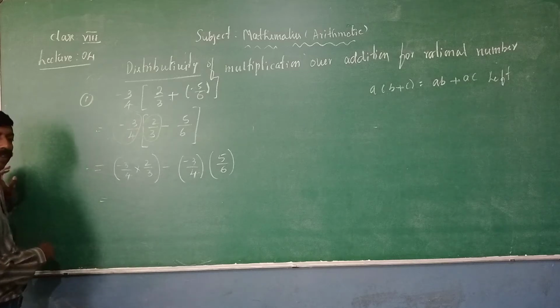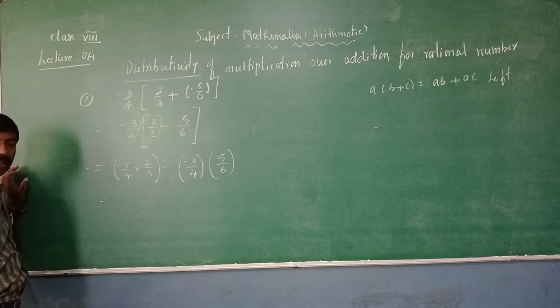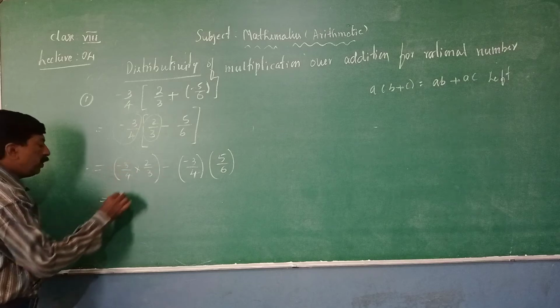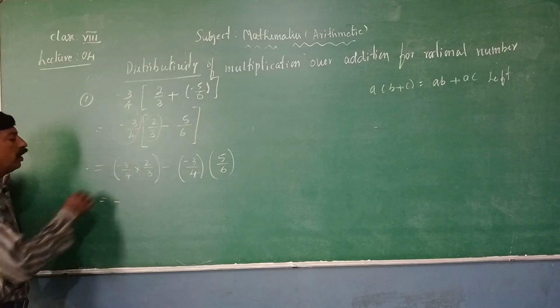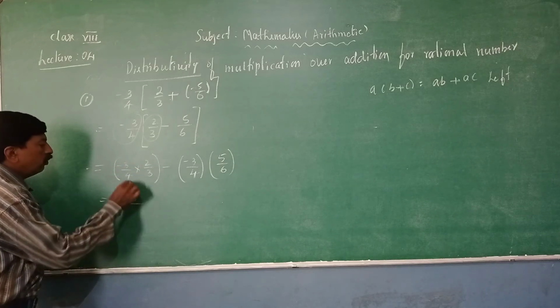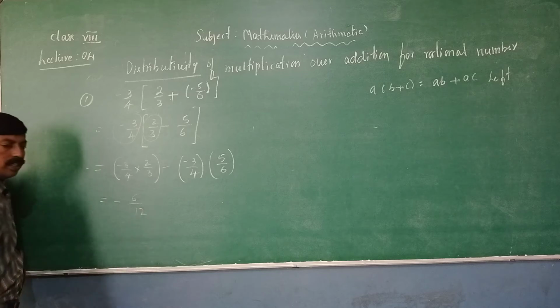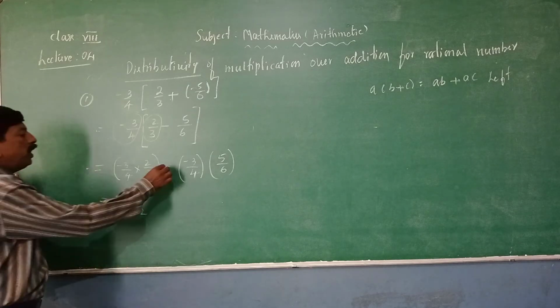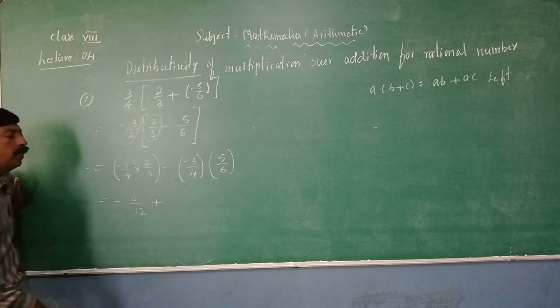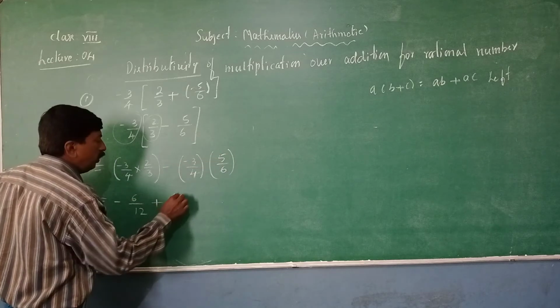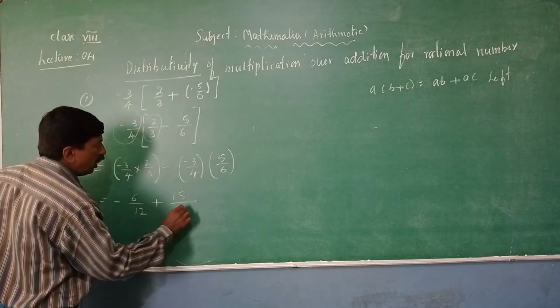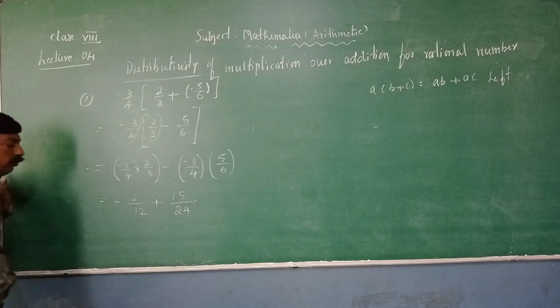After this, I think you already know the product rule. Minus into plus is minus. 3 2s are 6, 4 3s are 12. That is minus 6 by 12. Minus into minus is plus. 3 5s are 15, 6 4s are 24.